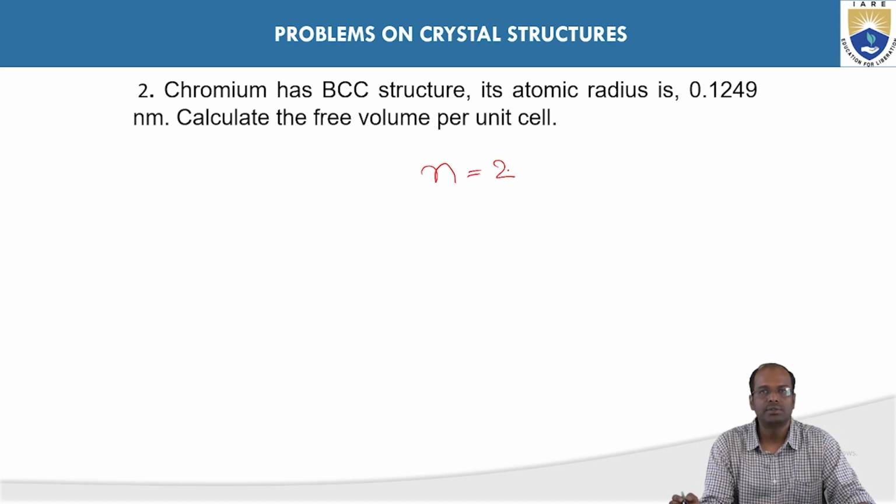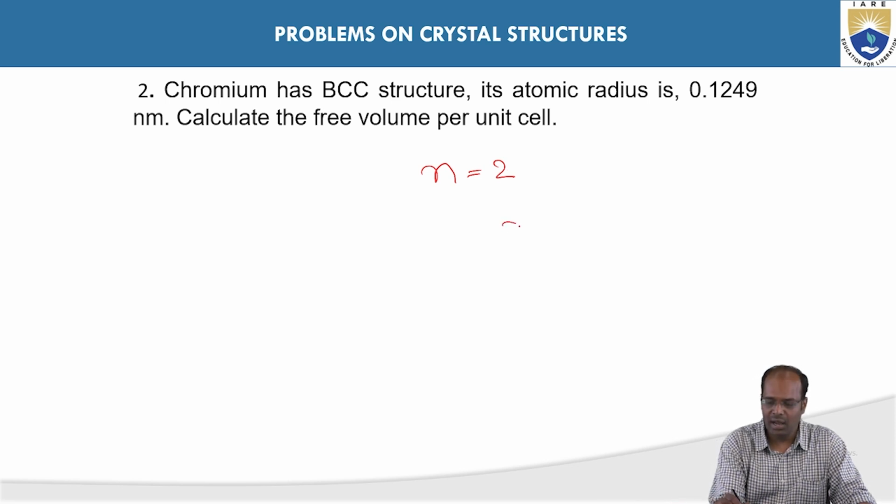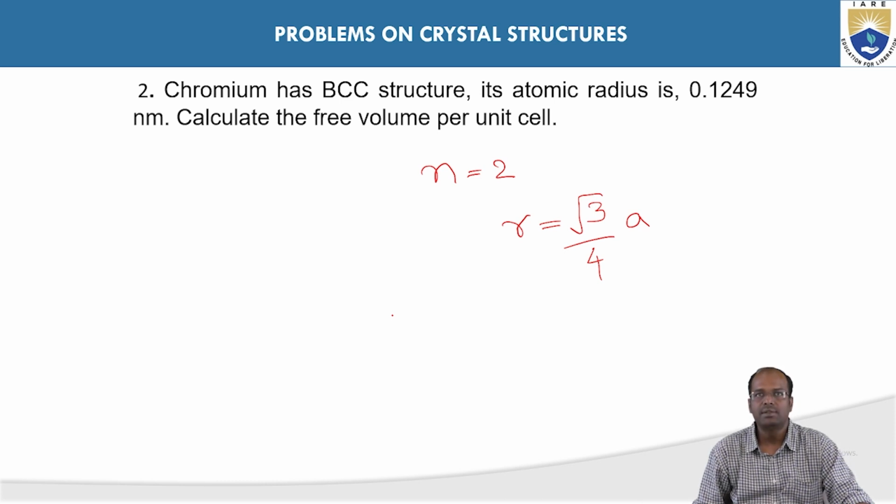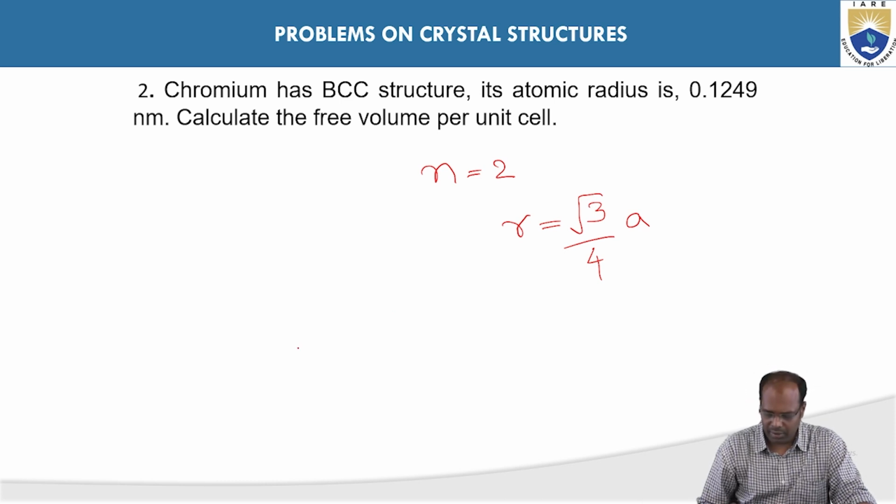The atomic radius for body centered cubic structure is R equal to root 3 by 4 a. Calculate the free volume per unit cell. They are asking us to find the free volume per unit cell.